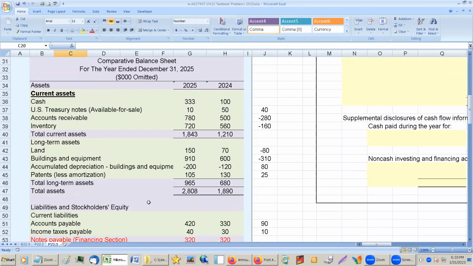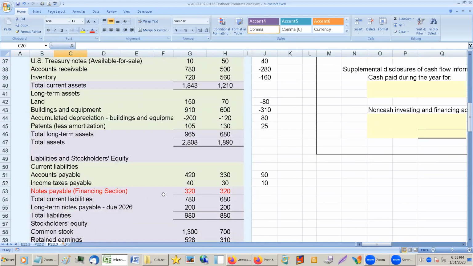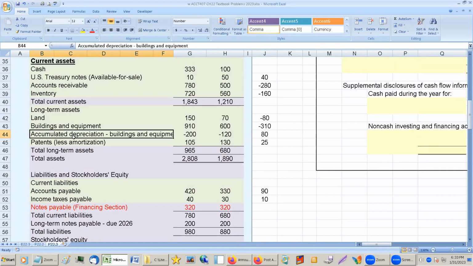So these 2 accounts, even though they're on the balance sheet, which they're supposed to be, we've already taken care of these changes through the expenses above. So we're not going to do anything with those.